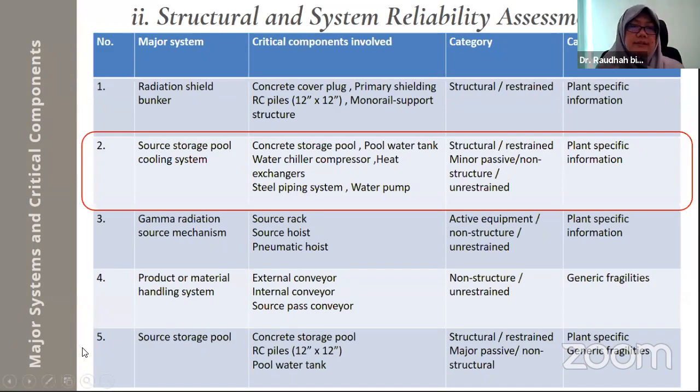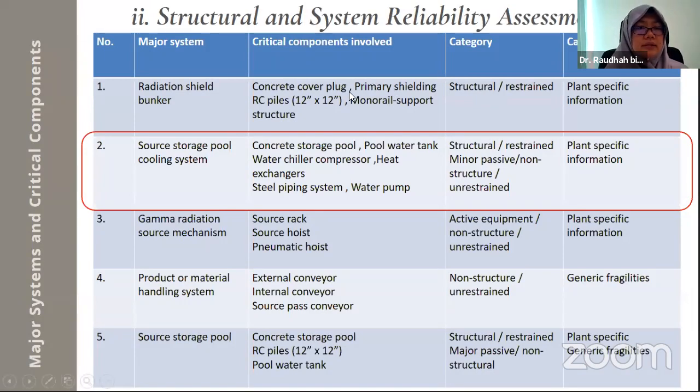Once you get all the information, you have to sit down and categorize things into major systems and critical components. This is the assessment that should be done. In this case, we found five major systems: the radiation shield bunker, the source storage pool cooling system, the gamma radiation source mechanism, the product or material handling system, and also the source storage pool.